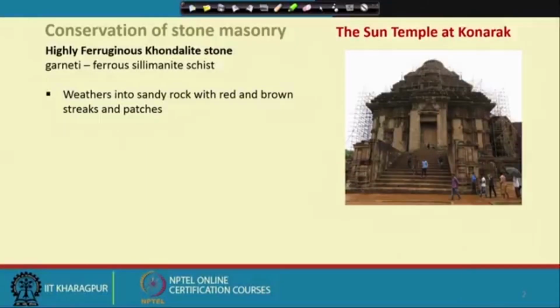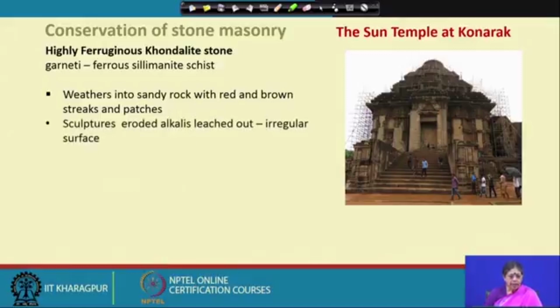Now, if you broadly see, it has weathered into a sandy rock with red and brown streaks and patches. Weathering is a very predominant factor, because that ferruginous material decays when it comes in contact with water, and the sculpture eroded. In the process the alkalis leached out, which led to an irregular surface.